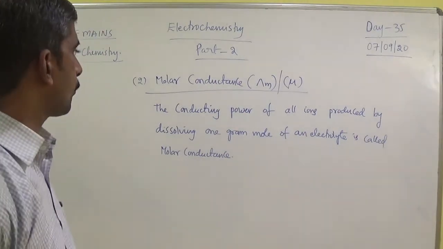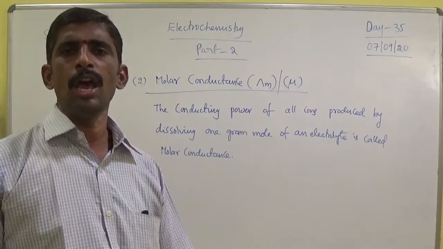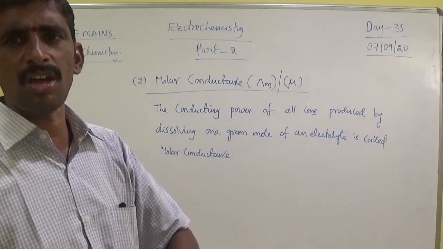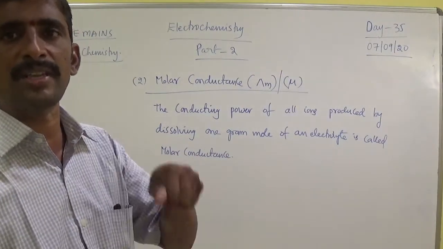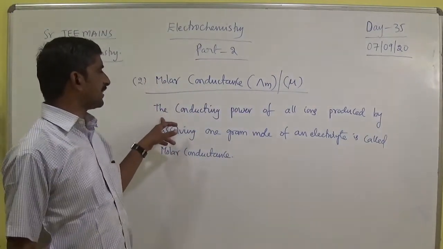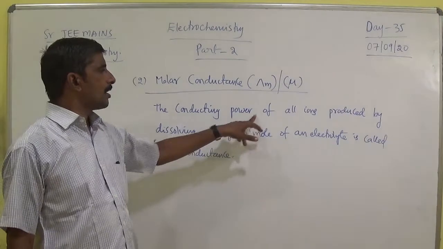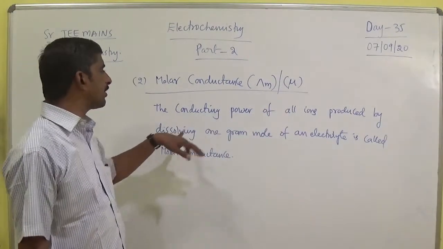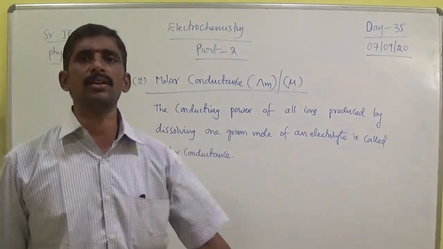Here 1 mole of an electrolyte is dissolved to produce a number of ions, and their conducting power is known as molar conductance.